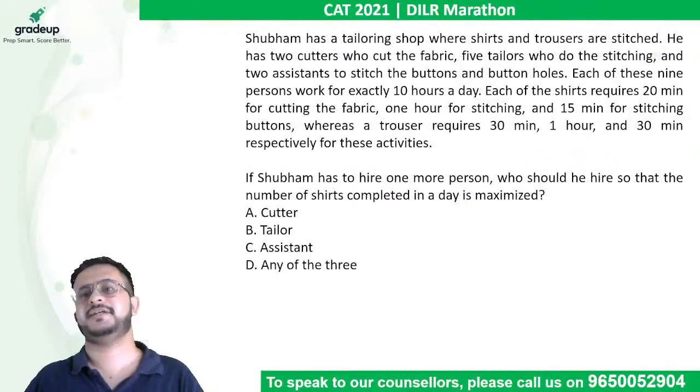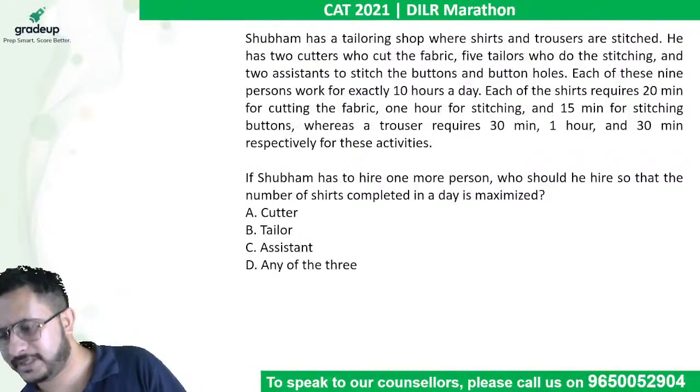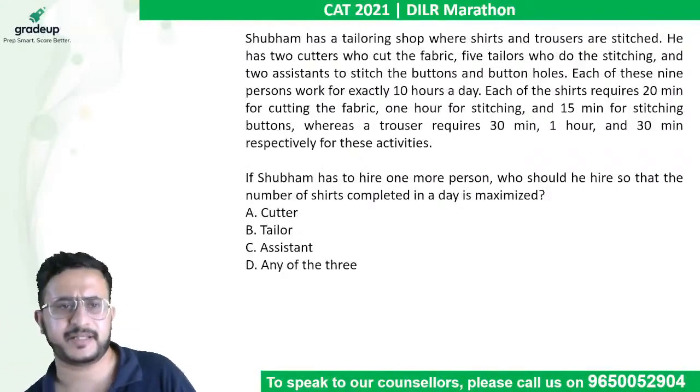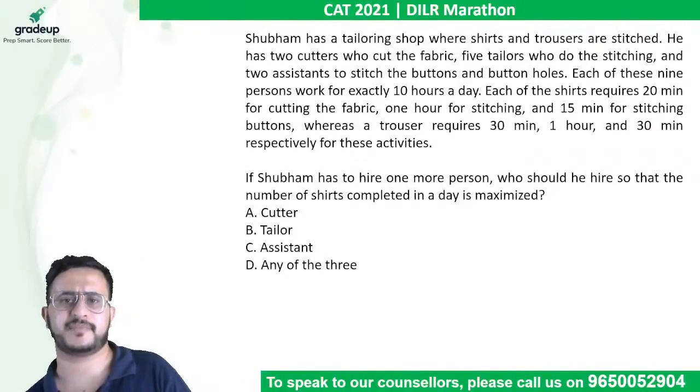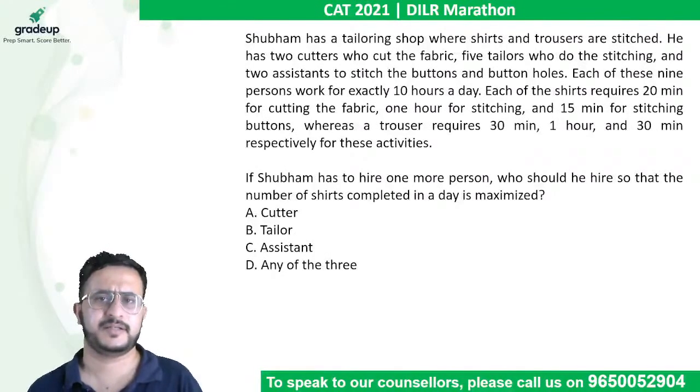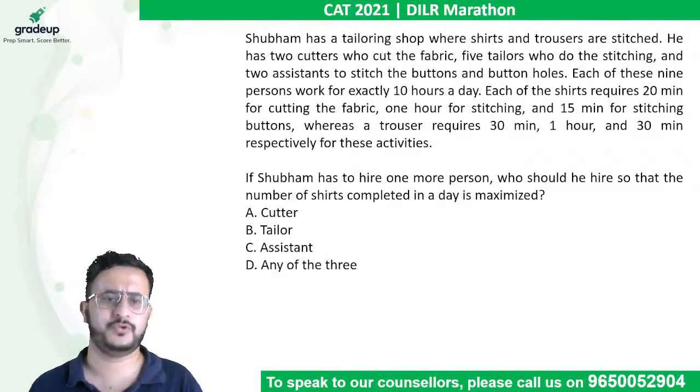Another thing is, it is not given that they are working देखो वो 10 hours काम कर रहे हैं. It is not necessary that they are working 10 hours. So what you do is you optimize these processes.